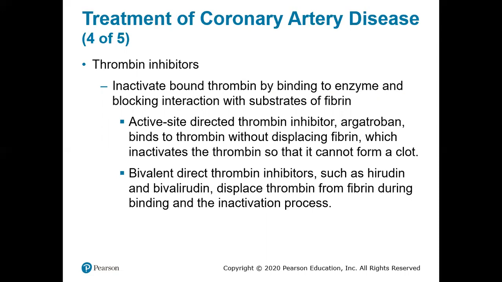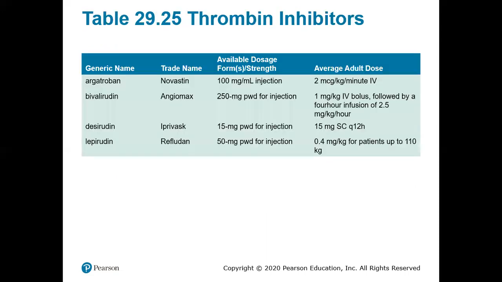Bivalent direct thrombin inhibitors such as hirudin and bivalirudin, and I apologize, I may be saying those slightly incorrectly, displace thrombin from fibrin during binding and the inactivation process. Table 29.25 on page 484 details thrombin inhibitors.